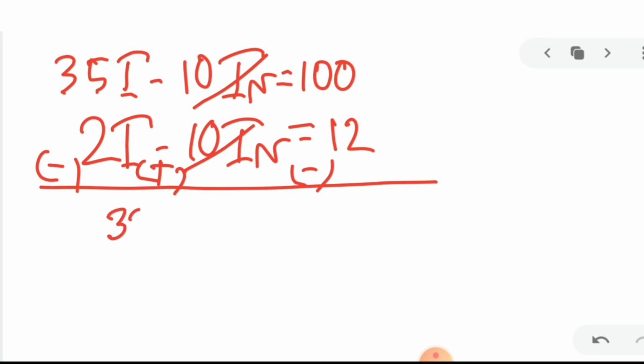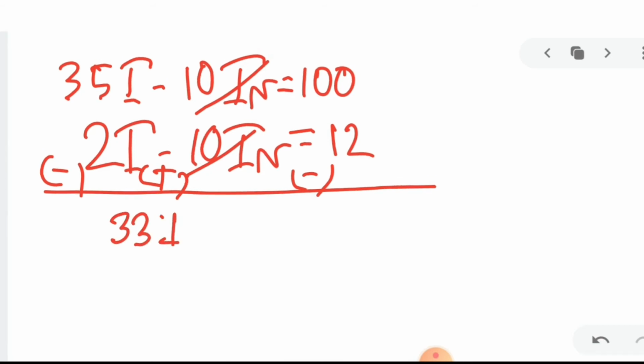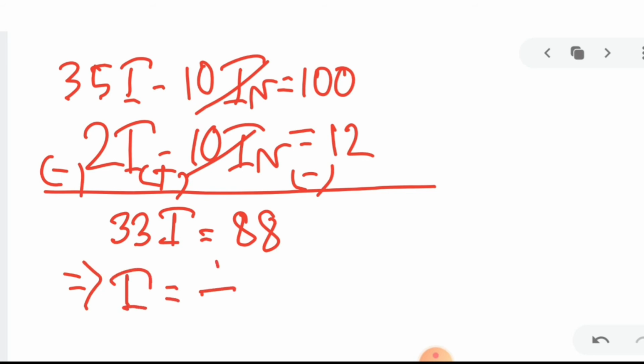What is it? 33I equals 88. Okay, so I equals 8 by 3 ampere. So what is IN?